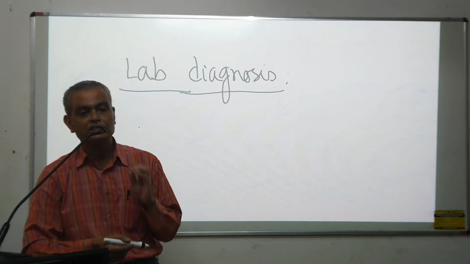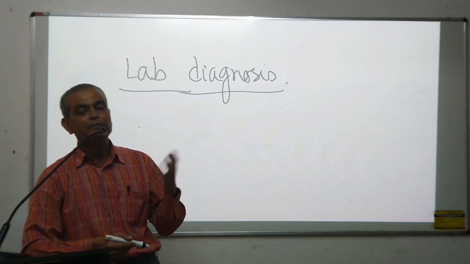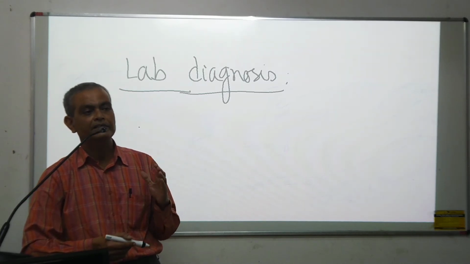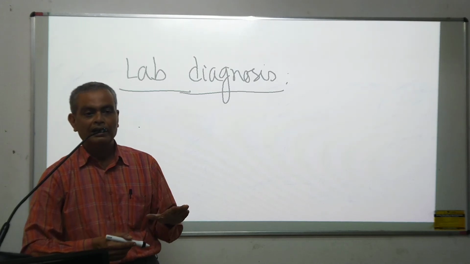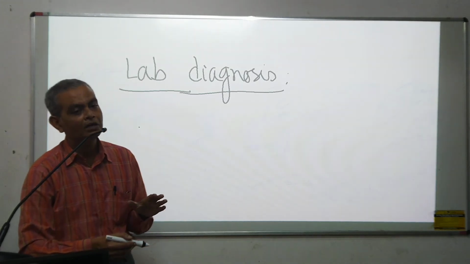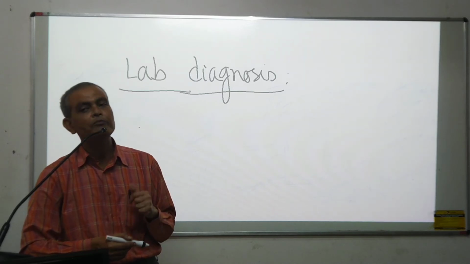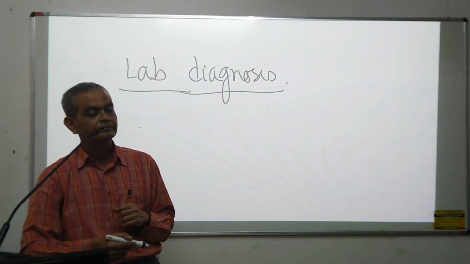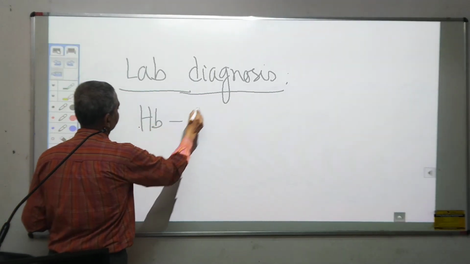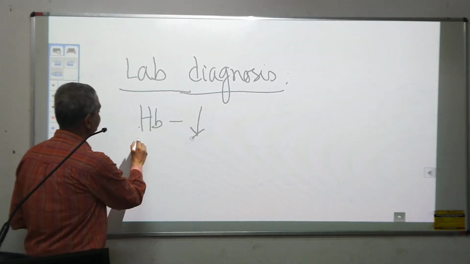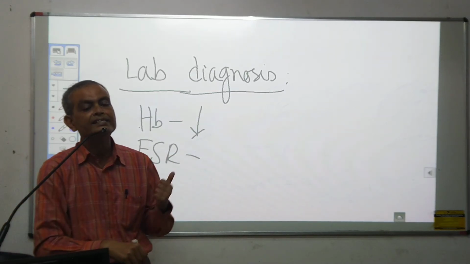Now, what do you expect in the peripheral smear? Before peripheral smear examination, blood examination: hemoglobin, the level of hemoglobin will be low, and it can be variable. Usually moderate to severe diminution, but mild diminution is also possible. Okay, so hemoglobin. ESR. So what about ESR?